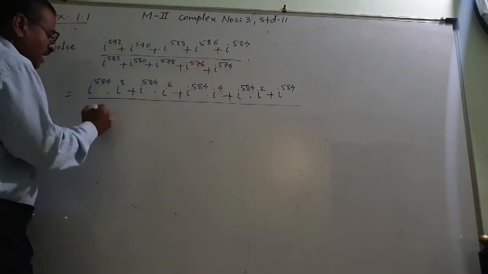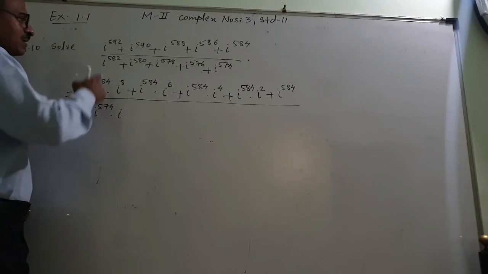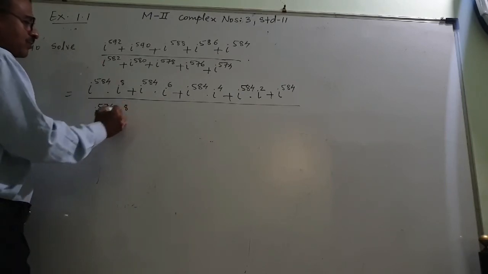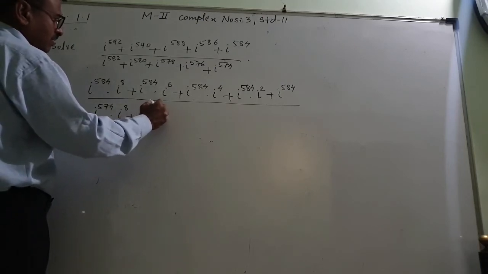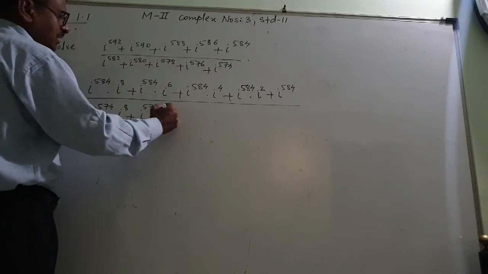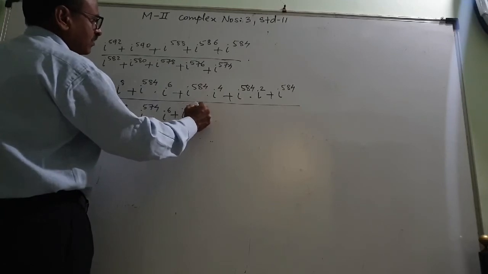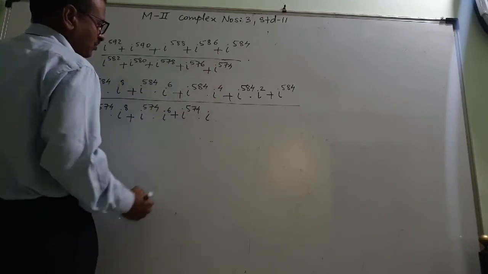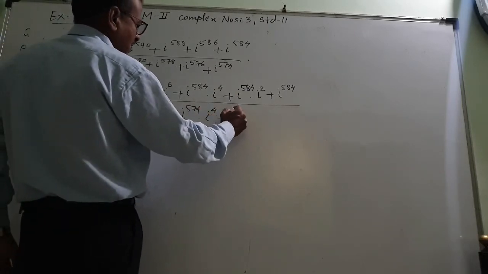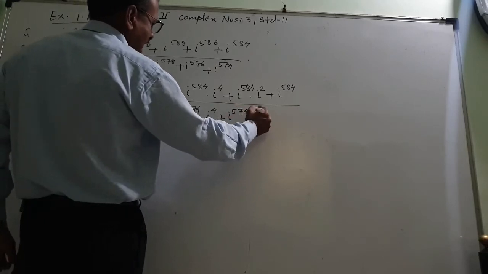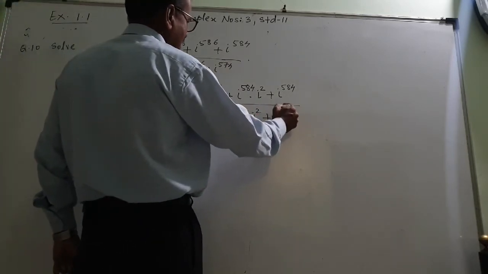In this, the lowest power is i raised to 574 into i raised to how much? 582 I want. So i raised to 8 plus this i raised to 574. This will be i raised to 6. Exactly the same will come. Plus i raised to 574 into i raised to 4. Plus i raised to 574 into i square from this. Plus this will be i raised to 574.